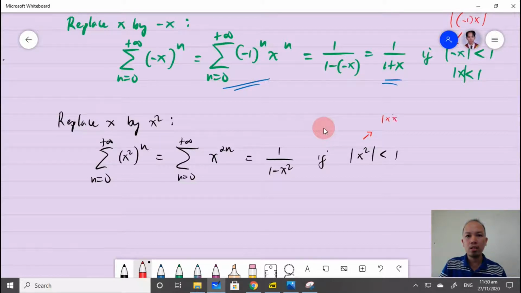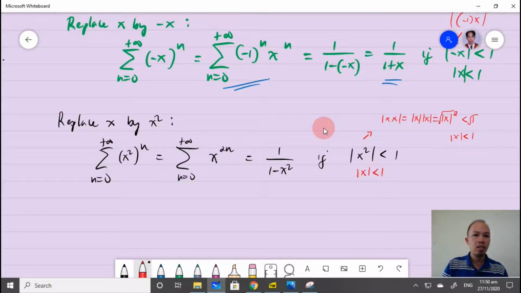This is equal to the absolute value of x times the absolute value of x, and then this is equal to the absolute value of x to the power of 2. Since this is less than 1, we can take the square root of both sides. So again, this is the absolute value of x, which is less than 1. So we can simplify this as the absolute value of x less than 1.